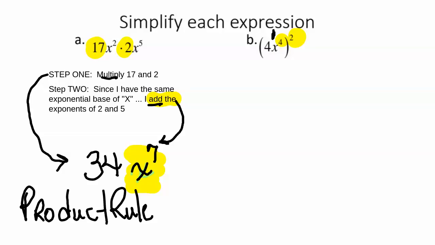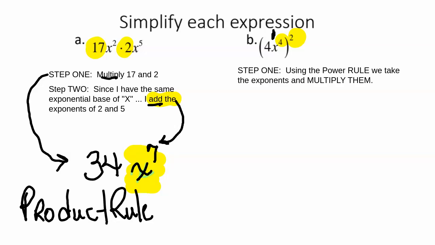Power rule. We take the exponents and multiply them. Which means this 2 is multiplying by the 1. So this is 4 squared.